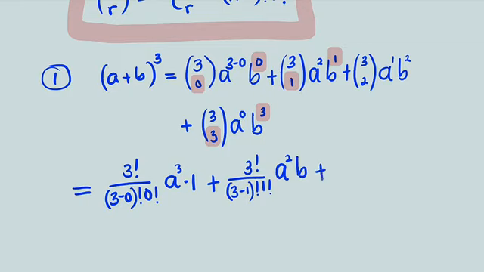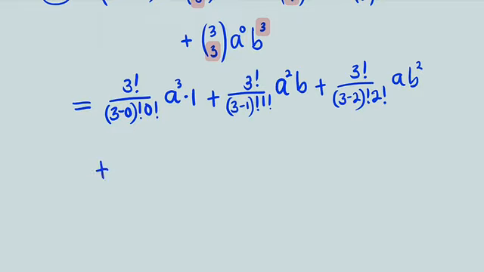Plus 3 combination 2 is the same thing as 3 factorial divided by 3 minus 2 factorial, then 2 factorial. a has a power of 1, b has a power of 2.